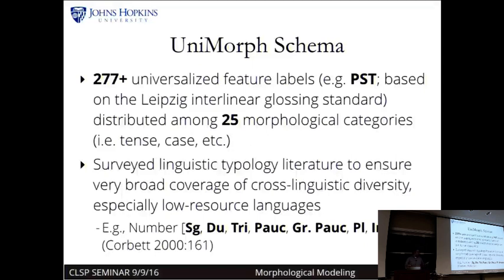As an example of how fine-grained things can get, in our number specification, we have tags for singular number, dual number, so that's 2, trial number, 3, paucal, which means something like a few, greater paucal, which means something like a few more than that, and then plural. These are all distinctions made by a single language called Sursurunga, which is an Austronesian language.